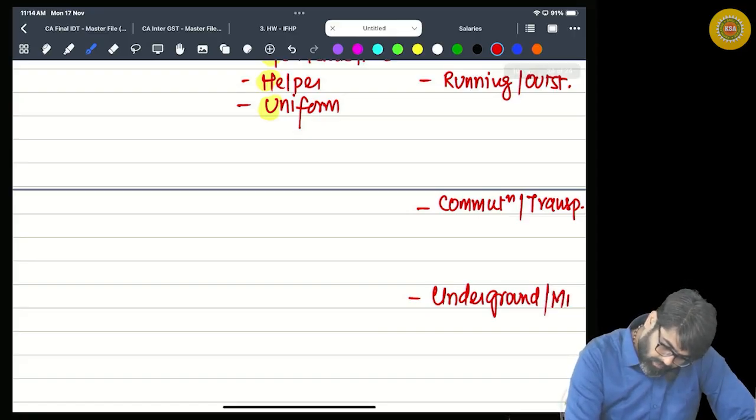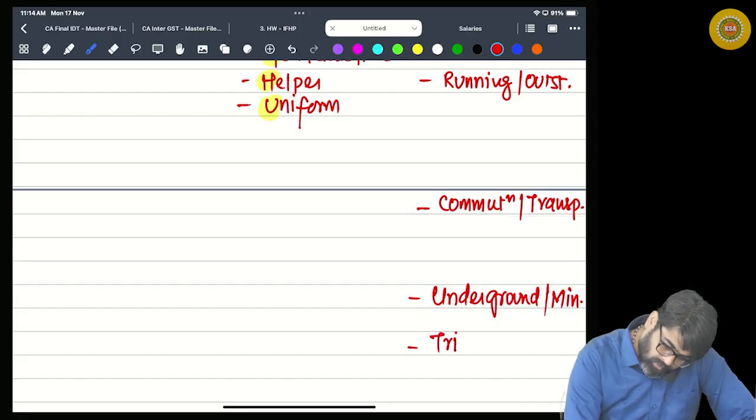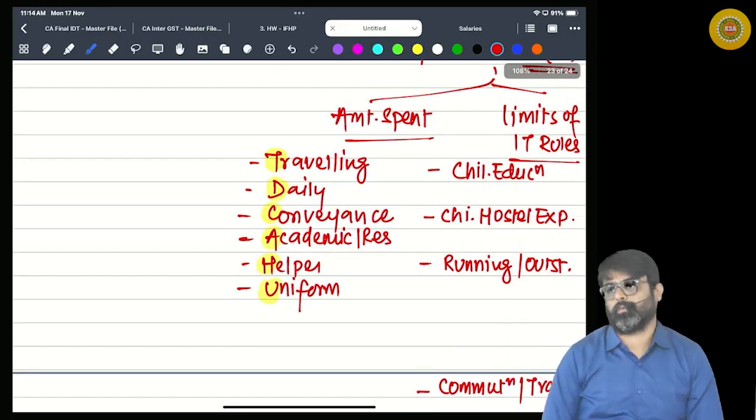And next one is tribal area or scheduled area allowance. Yes or no? Now see, these 6 names you are supposed to remember.